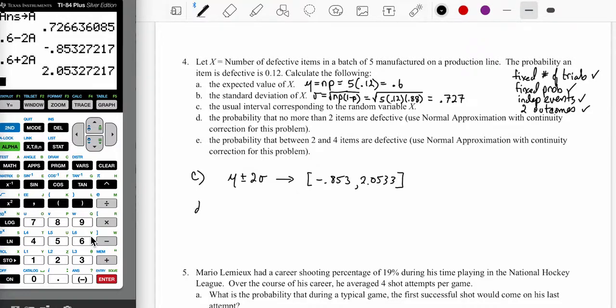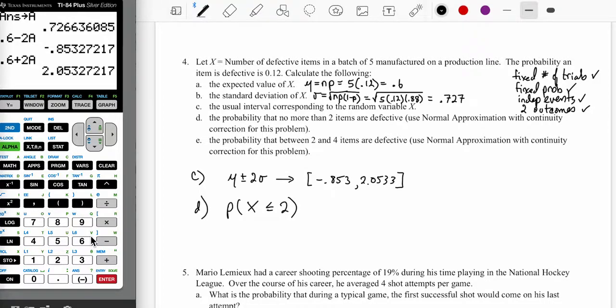So the probability that no more than 2 items, this is a capital X, no more than 2 would be less than or equal to 2. Although my capital X's don't look much different than my lowercase x's, you get the idea.